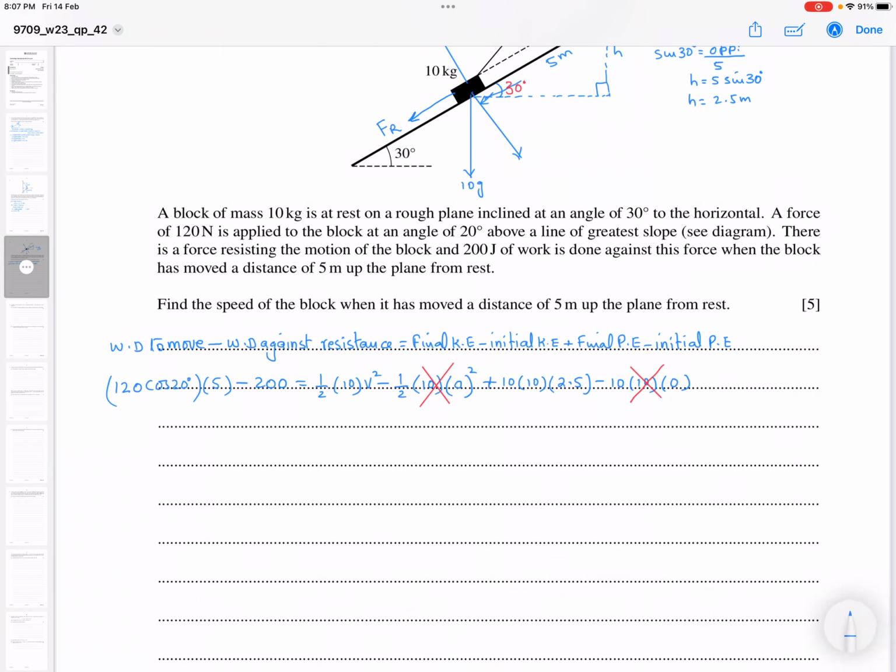So our further simplification is 363.82 equals 5v square plus 250. From here we can find our v. So make 5v square the subject, so it becomes 363.82 minus 250, and our v square would be 113.817 divided by 5, and that is 22.76.